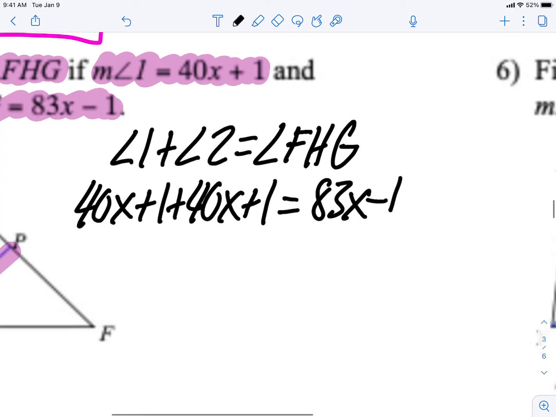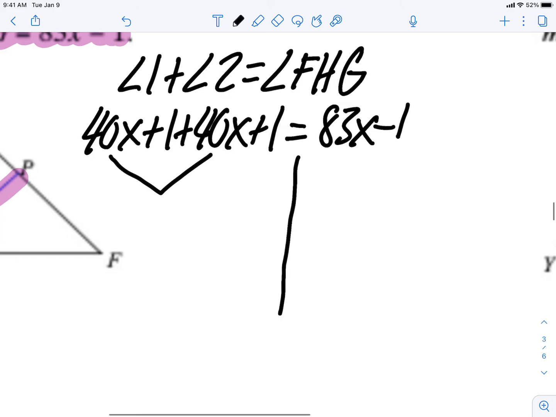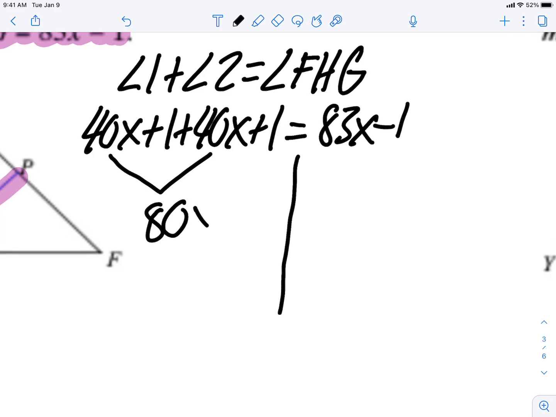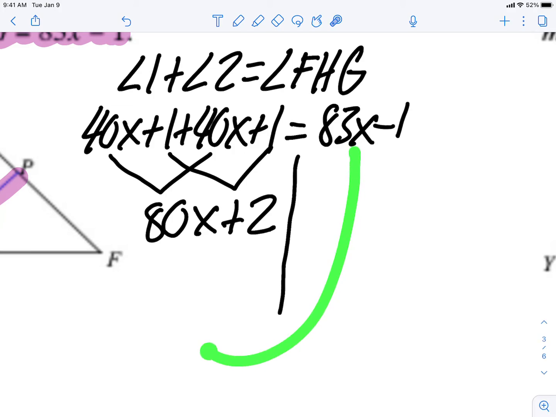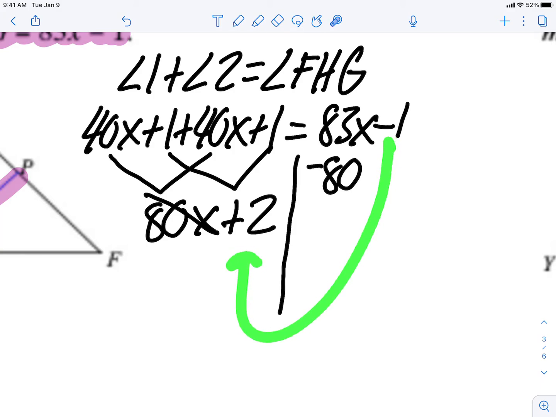So let us combine like terms. 40x and 40x is 80x. 1 plus 1 is a positive 2. I'm going to move this 80x over this way and make it a negative 80x. So that means I'm going to move this negative 1 over here and make it a positive 1.